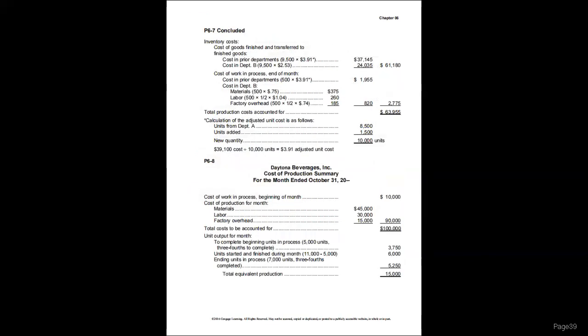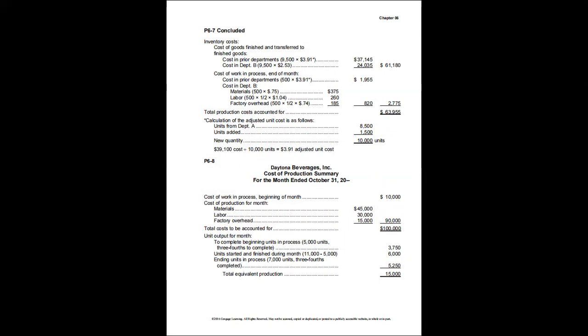it's at 4.60. However, in the department, we are now adding 1,500 units, giving the adjusted quantity of 10,000 units. So the unit cost is now adjusted from 4.60 to 3.91.